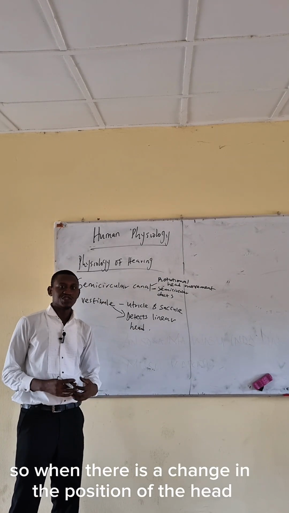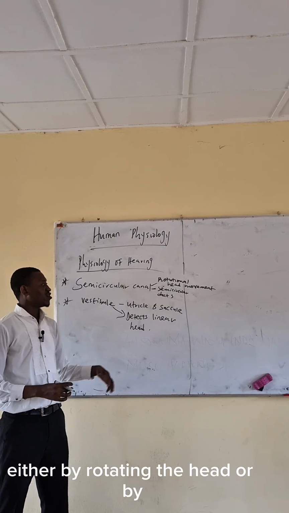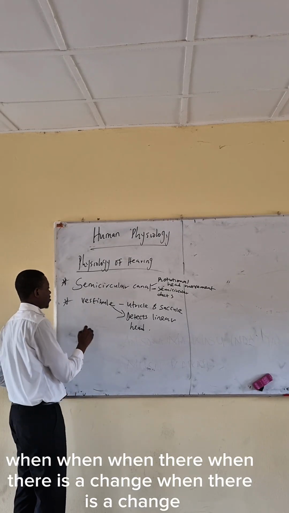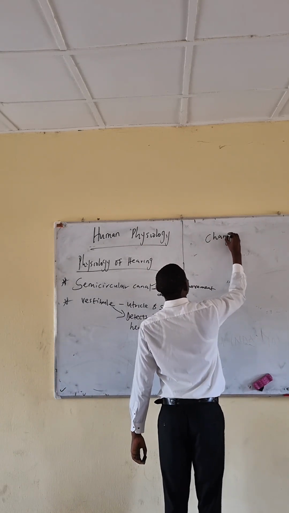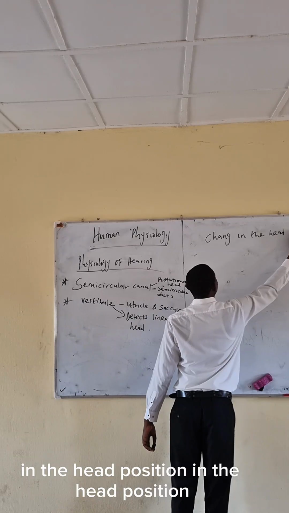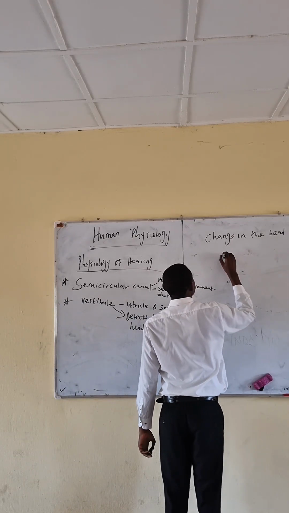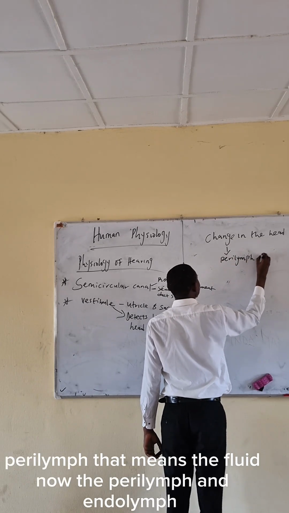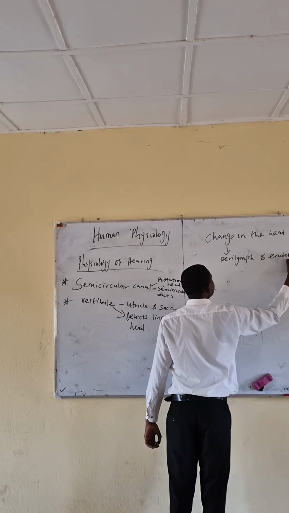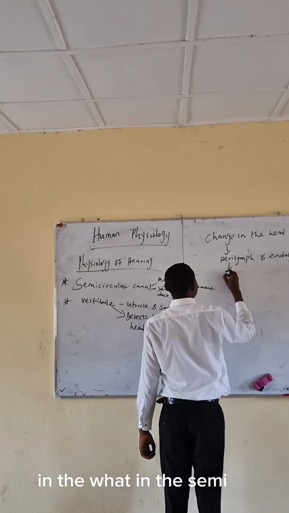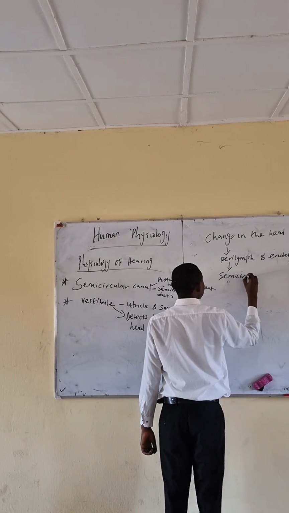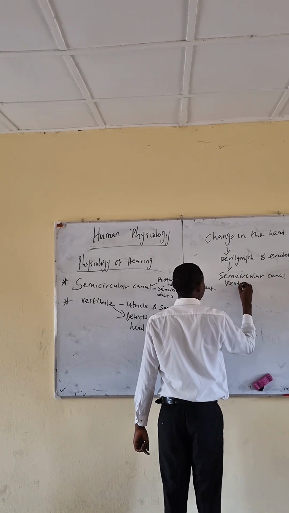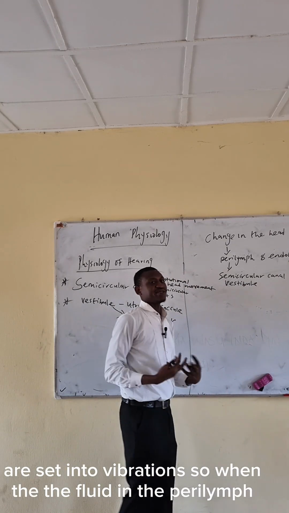So when there is a change in the position of the head, either by rotating the head or by changing the orientation of the head, the perilymph and endolymph, that means the fluid, in the semicircular canals and vestibule are set into vibrations.